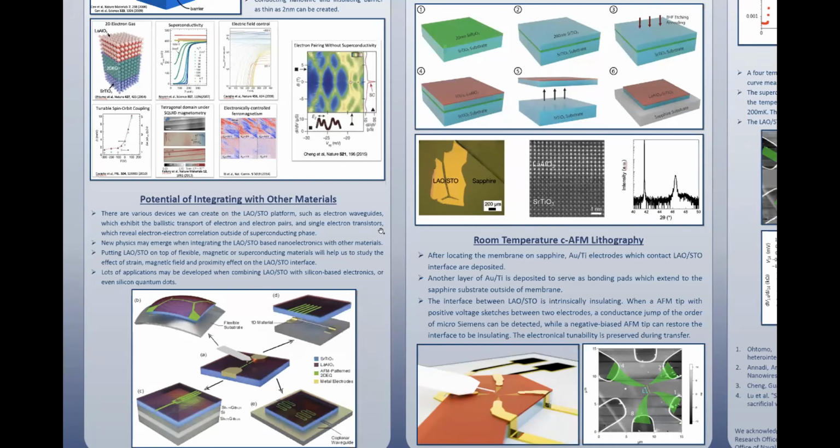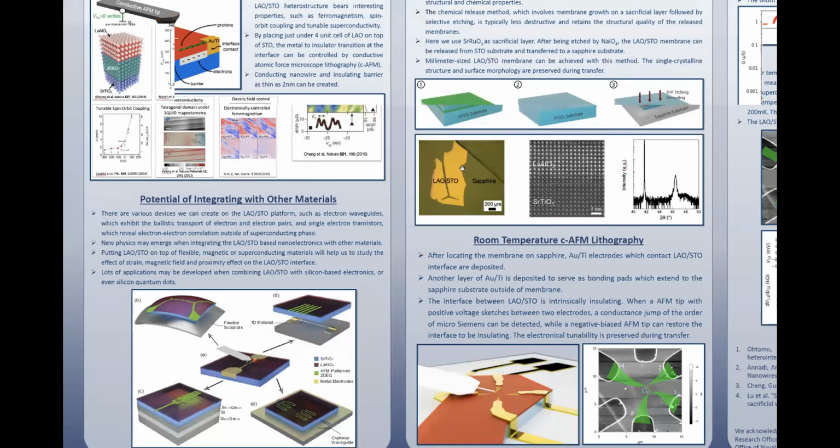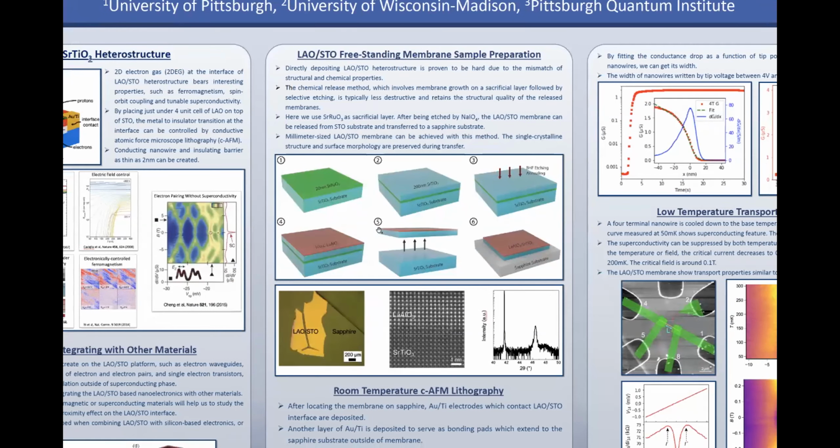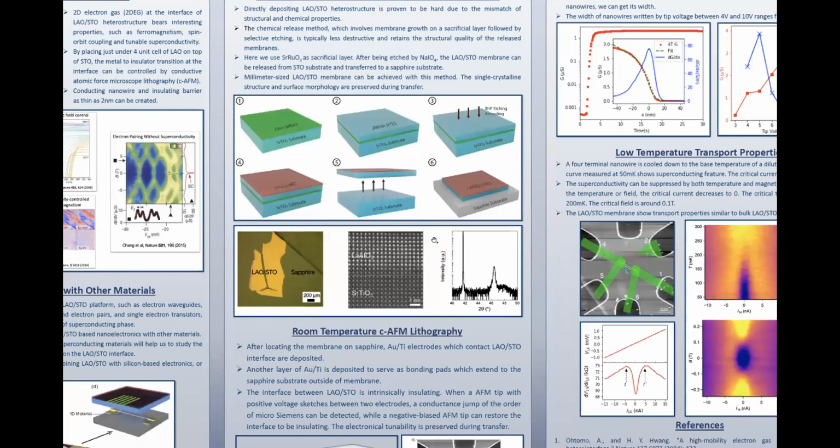So to realize this goal, we first thought of directly growing LAO/STO on other materials, but that has proven to be hard because of the chemical and structural mismatch. So here we use a method of chemical release. We sandwich an SRO layer between the LAO and the STO substrate, and by selectively etching the SRO layer, we are able to release the LAO membrane, which is ready to be transferred onto any other substrate.